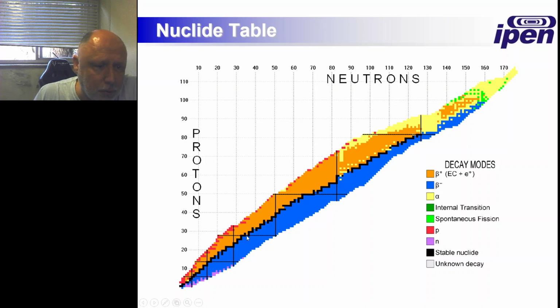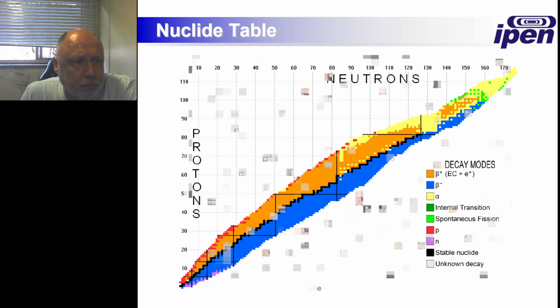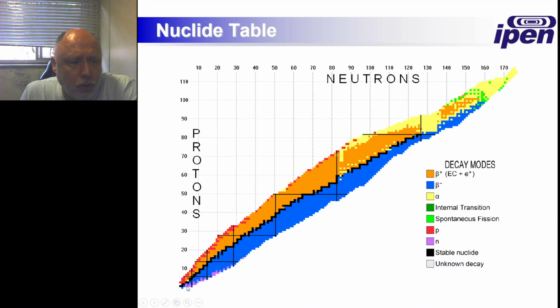Everything except these small ones is radioactive, right? So you see that just a very small minority of the atoms we know in the universe are stable. Another thing you should notice here is that in very light nuclei, you have essentially a 1-for-1. The stable nuclei have the same number of protons and neutrons.